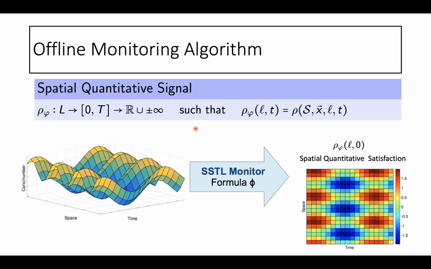In this case, we can have a spatial quantitative signal that gives at each location and time unit the value of the robustness function for our spatial model and our spatio-temporal trajectory in position L and at time t. And similarly, we can define the spatial quantitative satisfaction that corresponds to the satisfaction in each location at time 0.